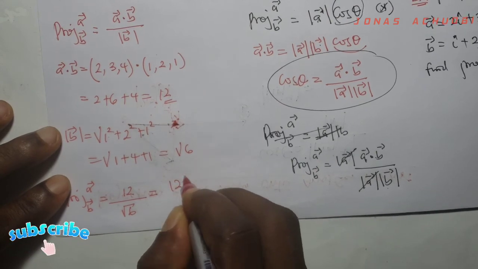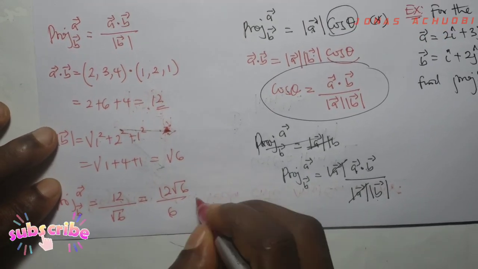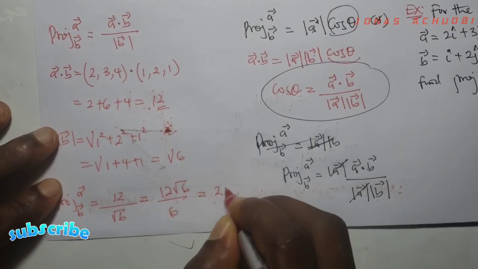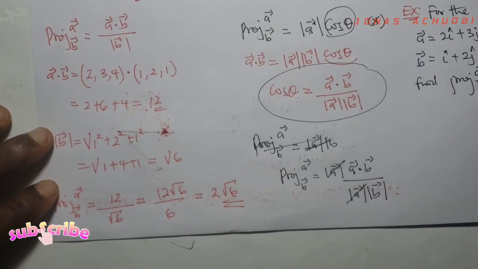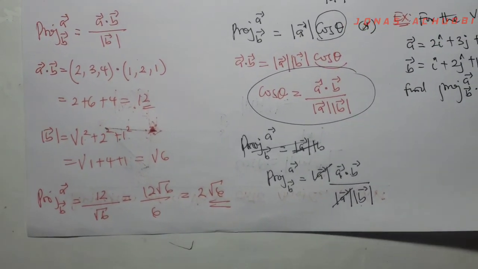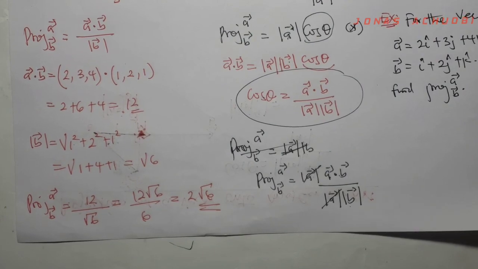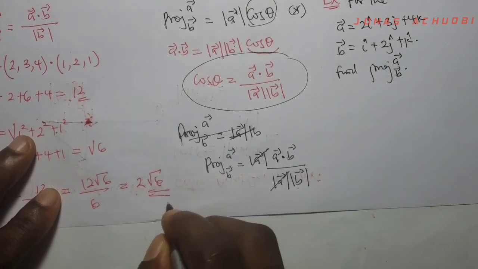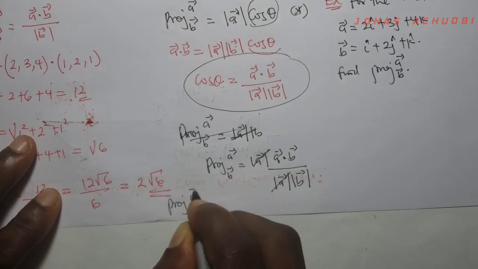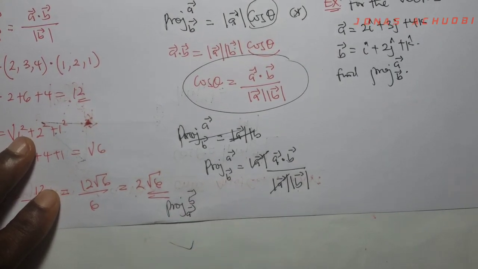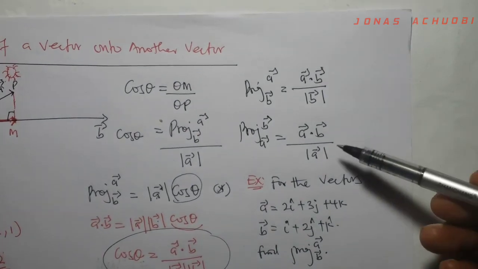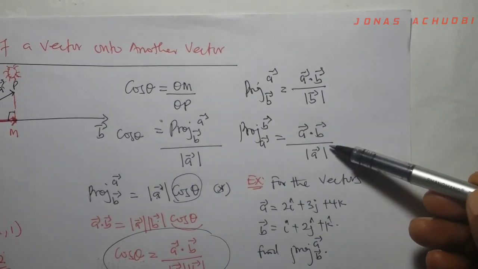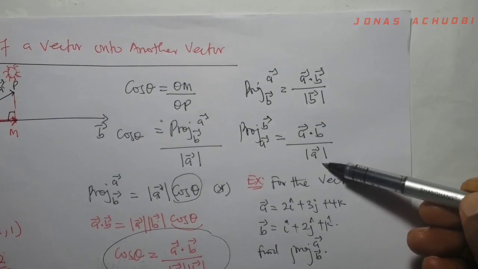That becomes 12 root 6 over 6, which is equal to 2 root 6. So that's the length of the projection of vector A onto vector B. You can go ahead to find the projection of vector B onto vector A, in which case the formula becomes A dot B divided by the length of vector A.